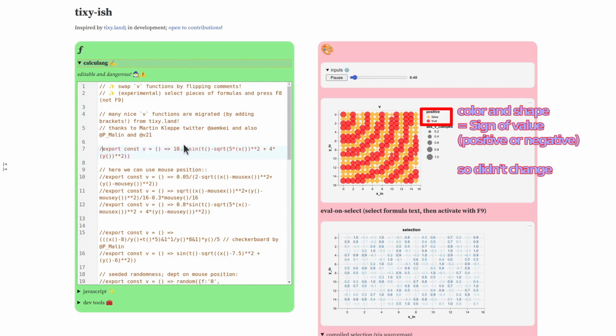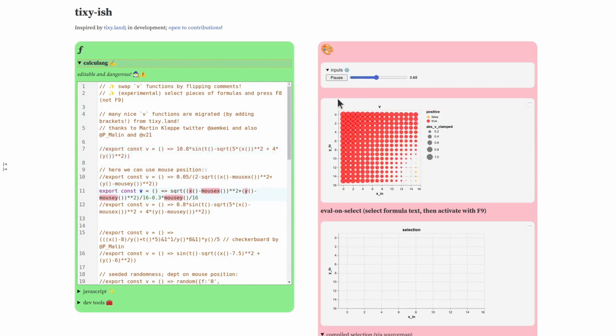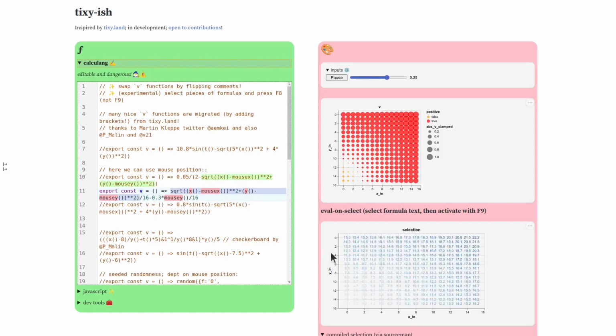So we can change the different functions. This one depends on the mouse position. It's a distance too. Let's evaluate the square root of something, and it's the distance to what? Here.